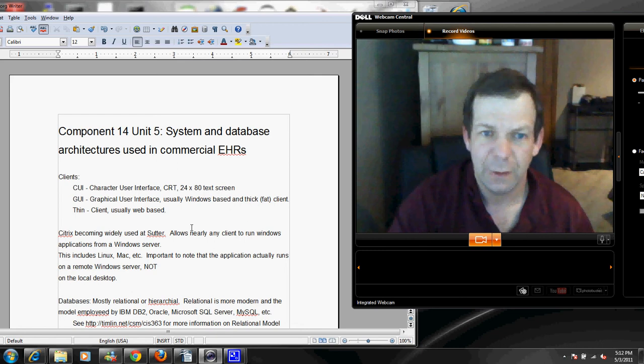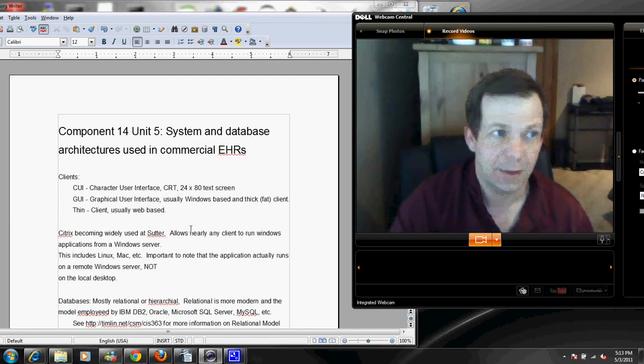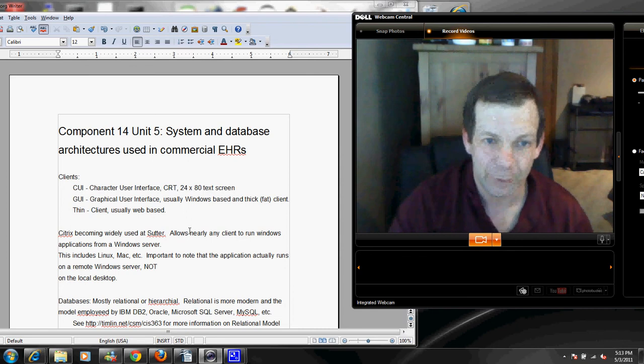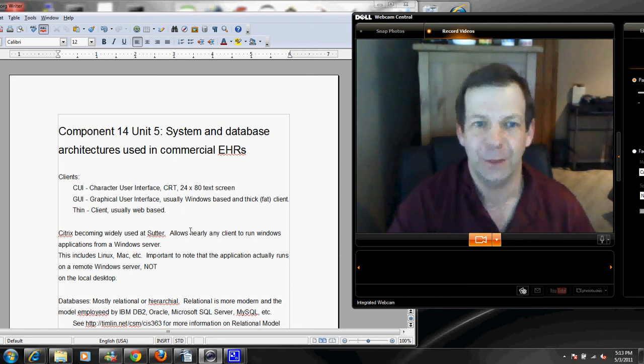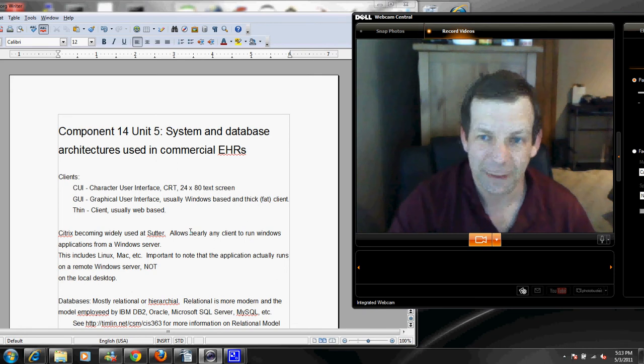Essentially, your keyboard and your mouse and your monitor are running an application on another computer remotely. The application is not running on your computer. It looks like it is, but it's running on a server somewhere. That's Citrix. It's great technology.